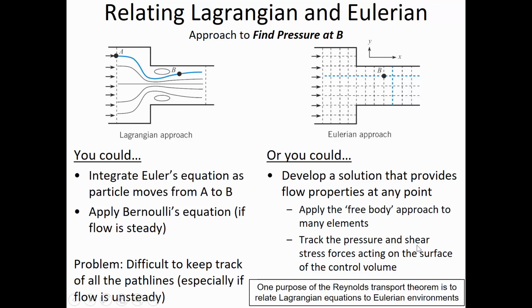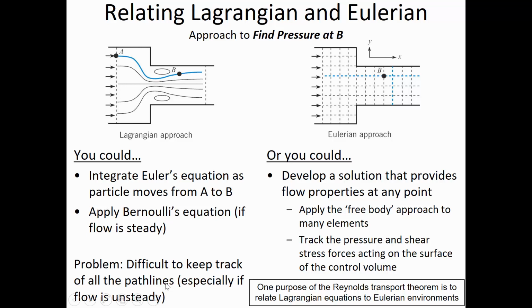One of the purposes of the Reynolds transport theorem in fluid mechanics is to allow us to apply these equations that we say, well, really it'll never apply in reality, because none of those assumptions can be fully satisfied, not all of them. We can have a gas that's fairly inviscid, but it's highly compressible, or we can have a liquid that's pretty incompressible, but it has a high viscosity and therefore is going to experience energy losses.